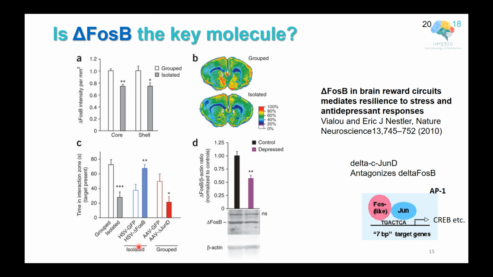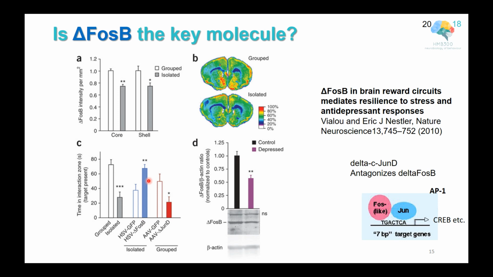What we're looking at here is the delivery of a virus that will infect all of the neurons within the nucleus accumbens in these isolated mice. In these isolated mice where we don't see a lot of interaction, can we see any change? That is these center panels that we are looking at here.